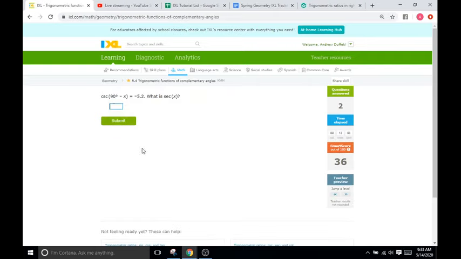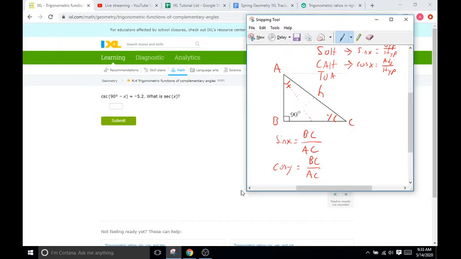Okay. Now you're going to see problems like this. So I'm going to come up and start erasing this. Here we have cosecant. Remember, that's correlating with sine. It's the inverse of sine, so it's the same thing as saying 1 over sine. That's cosecant.